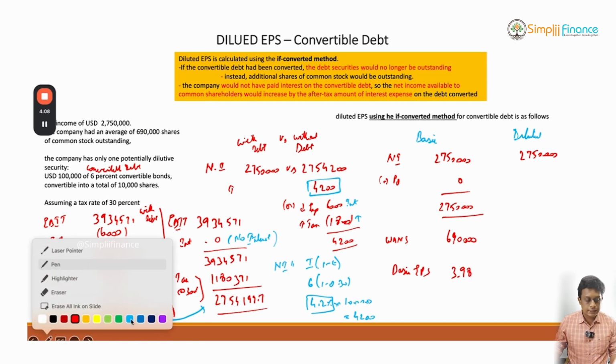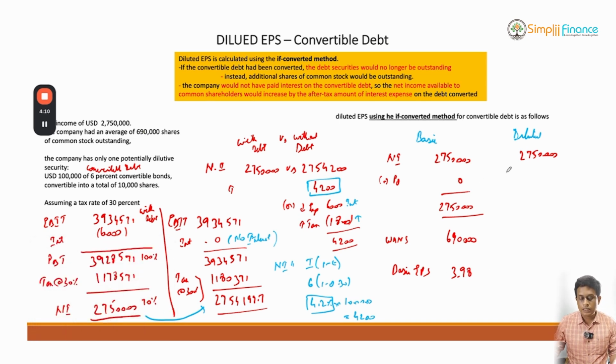Now if the debt gets converted, your net income should increase by the after tax interest. So this should increase by 4,200. So the numerator increases to become 2,754,200.